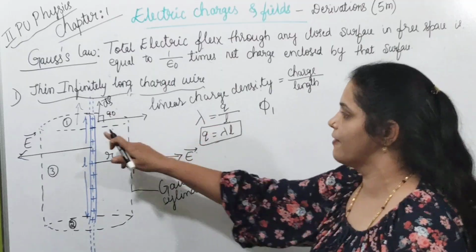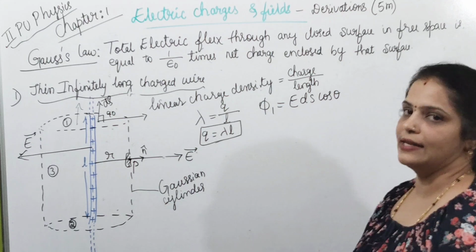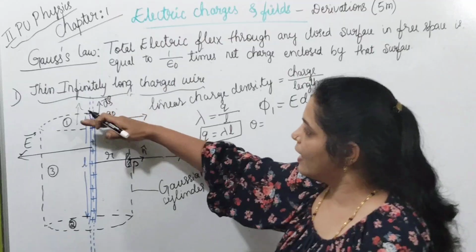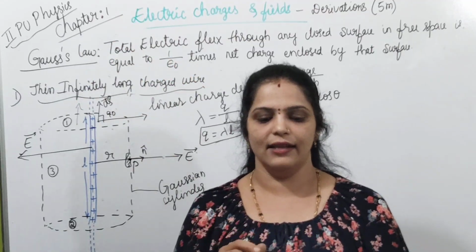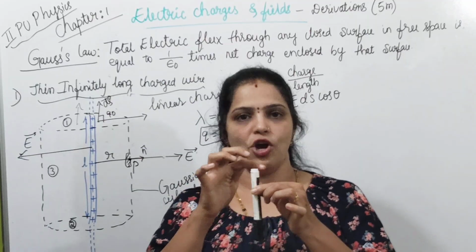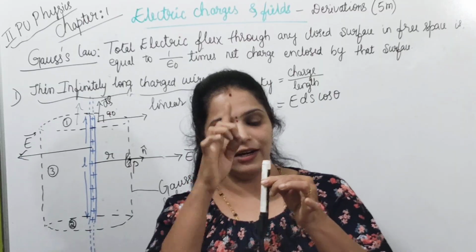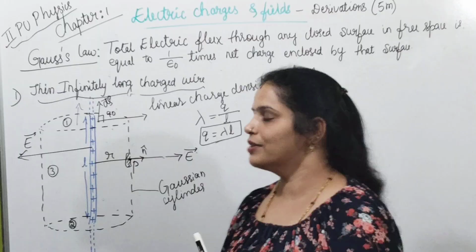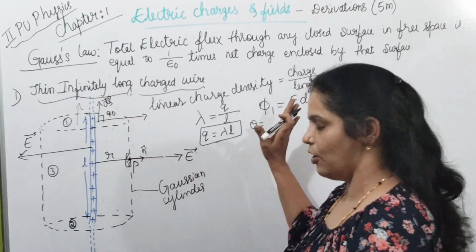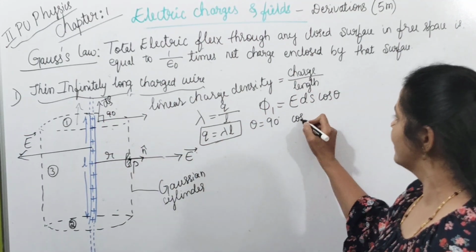90 degrees, right? Then how to write the flux? The flux through the first surface is E dS cos theta, where theta is the angle between electric field and area. The area is upward. This chalk itself is cylindrical in shape, so the top surface acts upwards, and the lower surface acts downward. The upper surface is upward and the electric field is radially outward, so the angle between them is 90 degrees.